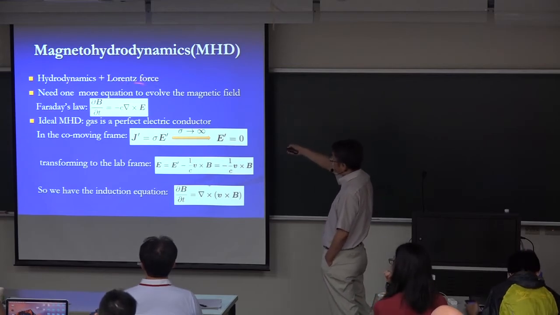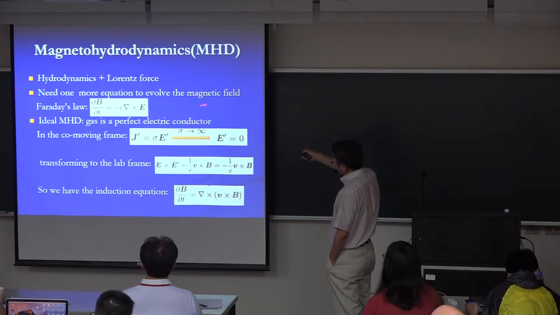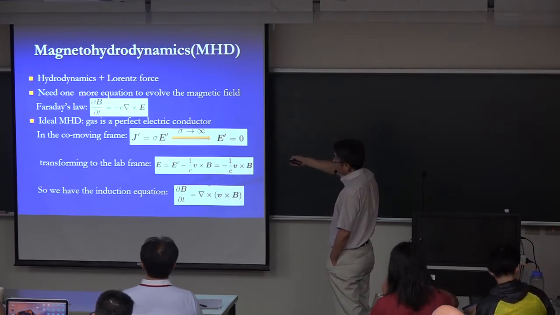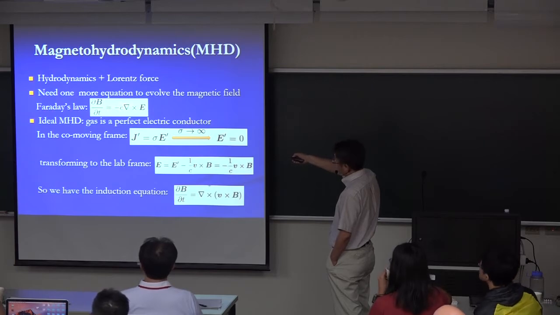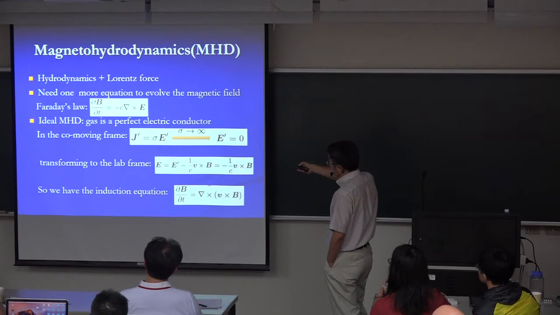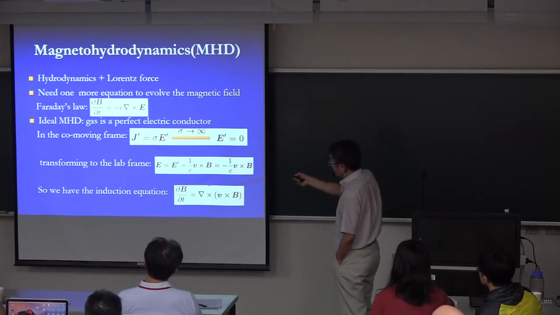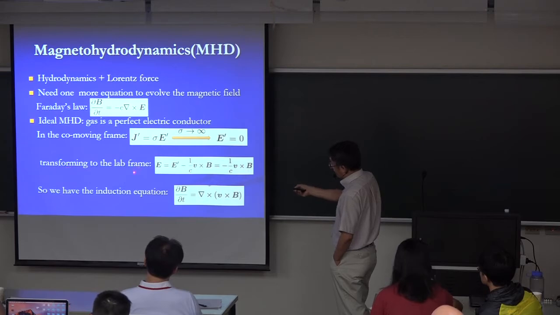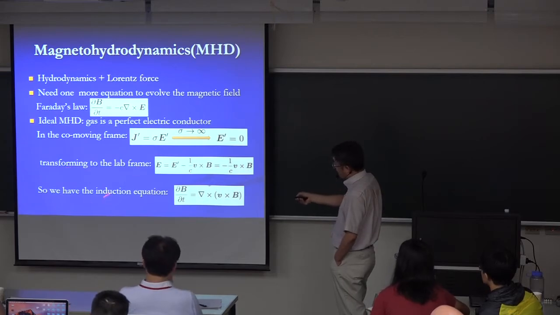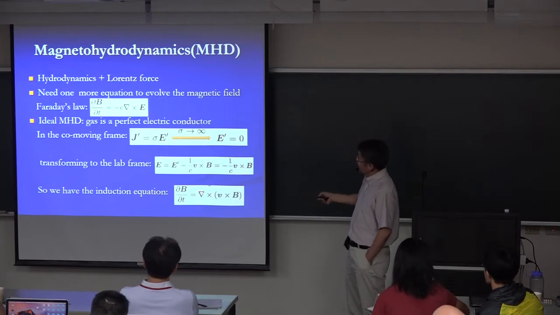Now we need one more equation to evolve the magnetic field. This is Faraday's law, which you should all know. For ideal MHD, the gas is a perfect conductor, so we have this kind of equation. Then we transform it into the lab frame and get the very famous induction equation. This is a very important equation for MHD.